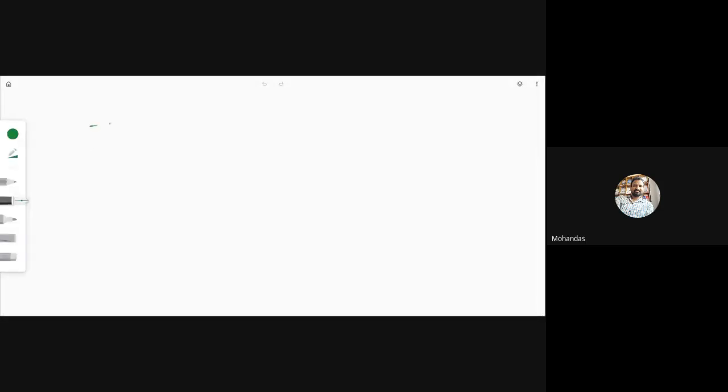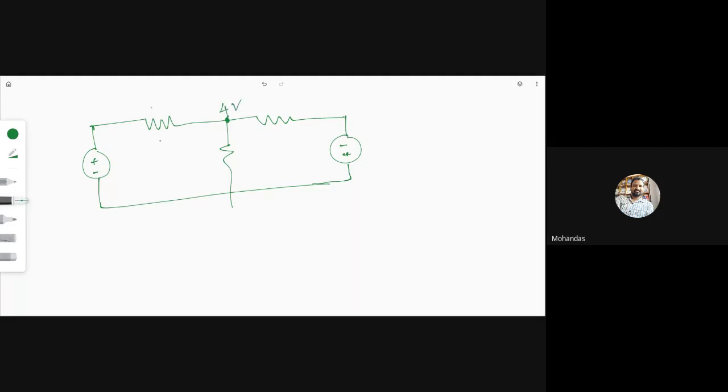Now let me draw here again. This is 4 volts after calculating. This is 2 ohm.